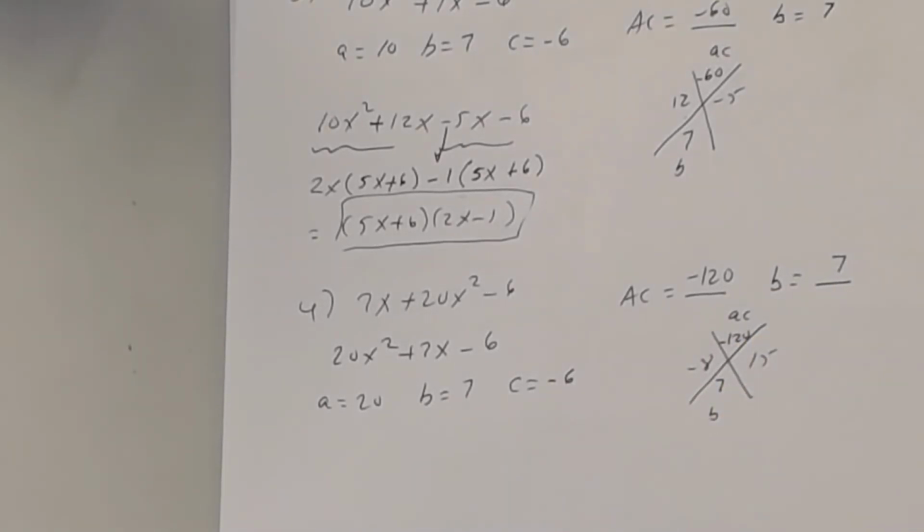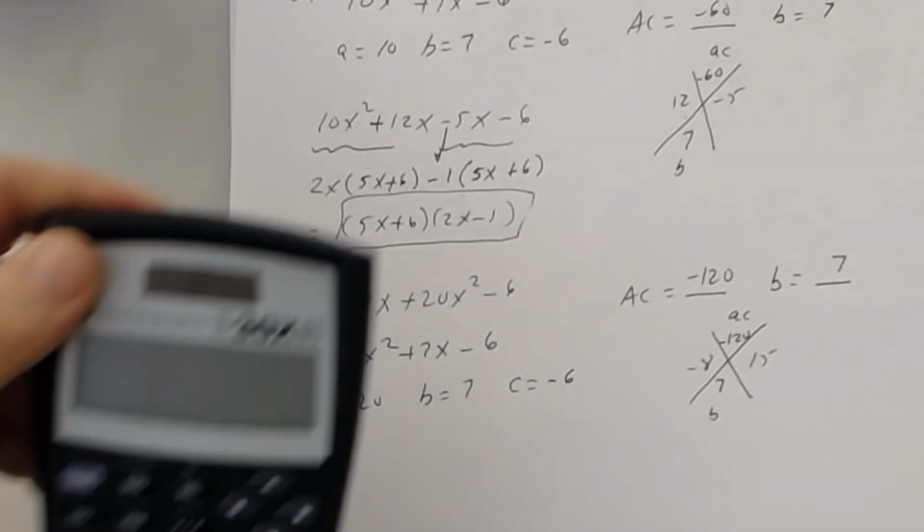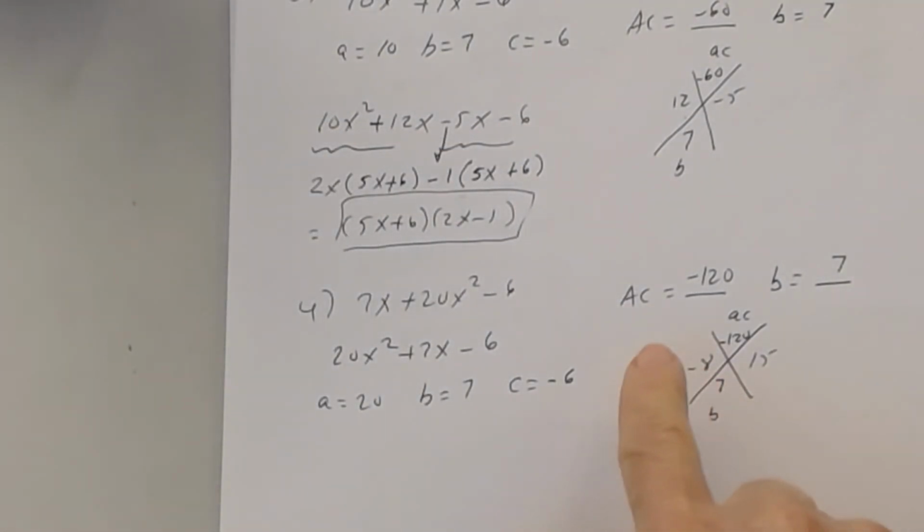Because the product has to be negative. In order to get a negative product, one has to be positive and the other has to be negative. First of all, I'm just writing what someone told me. So verify that that product is negative 120. Is it? Okay. Is the sum positive 7? Yeah. All right, so she got it right away.